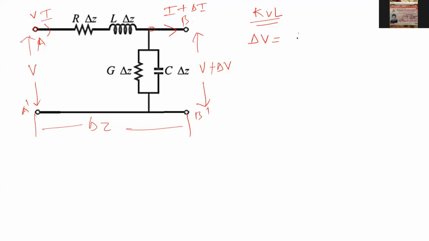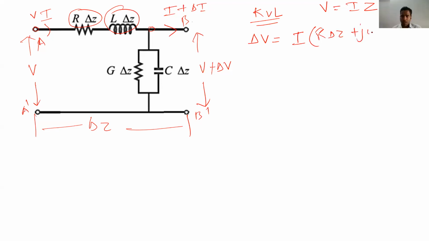Sir, I into Z. Sir, in brackets R delta Z plus the reactance, j omega L delta Z. Basically, V is I into Z, the impedance. And what is the impedance of this line? It is R delta Z plus j omega L delta Z. Fine, this is fine to everyone?